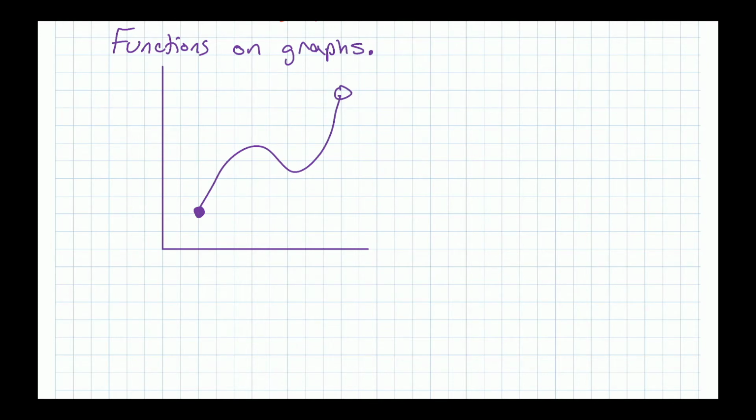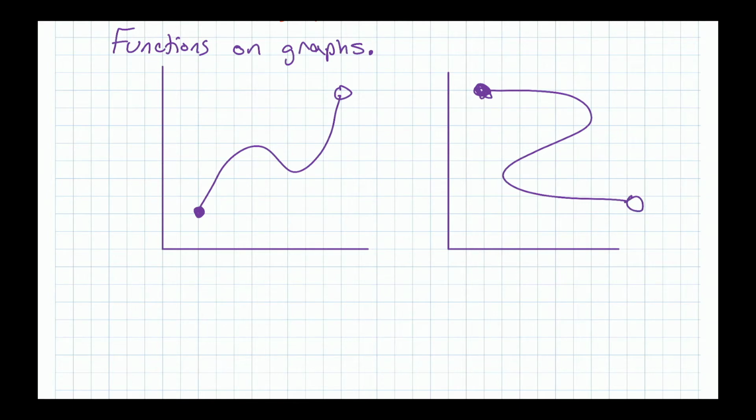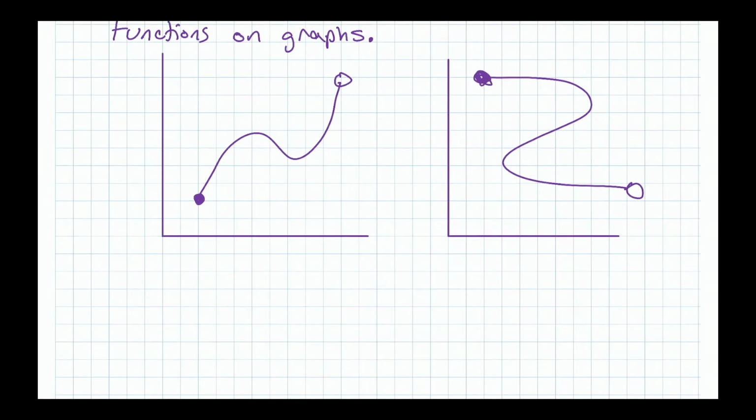All right, so let's say that this is a graph of f, and then this is a graph of g. All right, these are not both functions. One of them is a function and one of them is not.